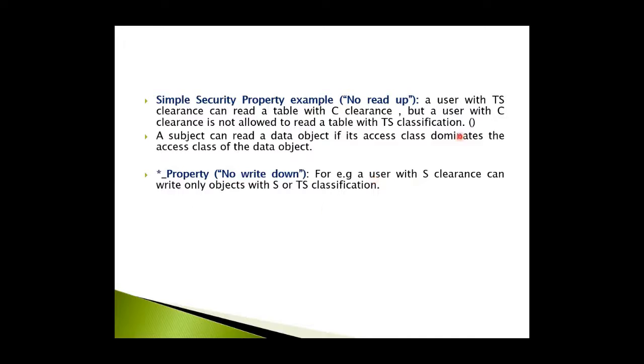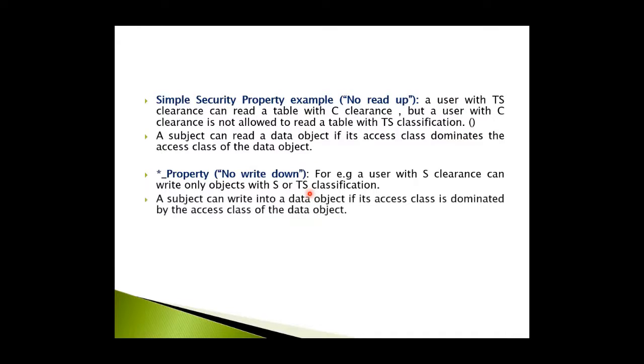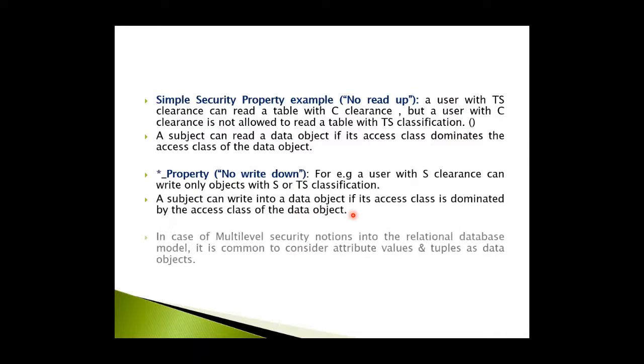A user with a certain clearance or security level will only be able to write to the objects with a security level which is equal to or higher than it. A subject can write into a data object if its access class is dominated by the access class of the data object. That is what I said.